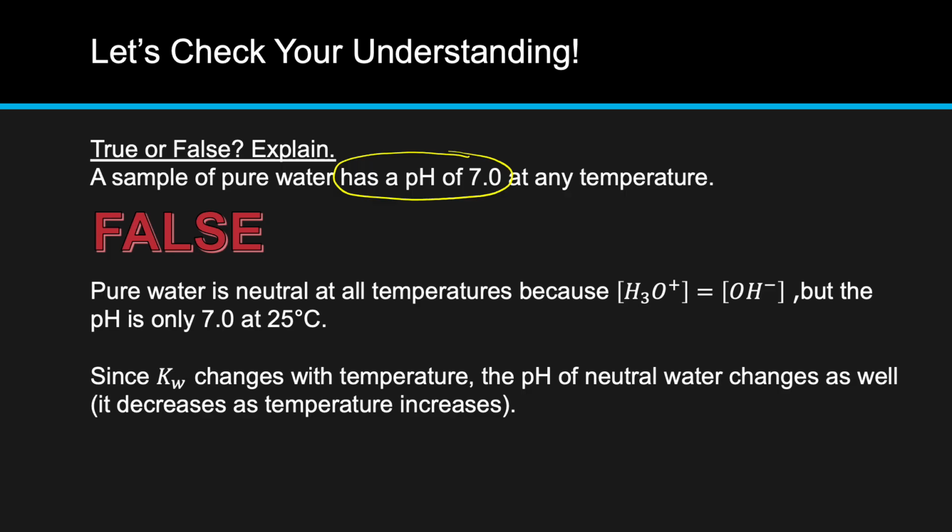Remember, our equilibrium constant of the auto ionization of water is going to change based on temperature because of Le Chatelier's principle. So because it's an endothermic reaction, if we increase that temperature, it's going to shift towards the products or the ions. And having more H3O plus in solution is going to decrease our pH. So changing the temperature does change the pH of water.